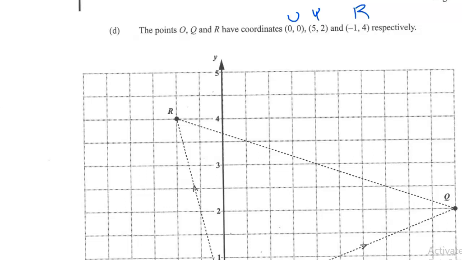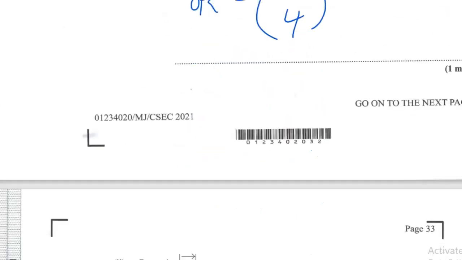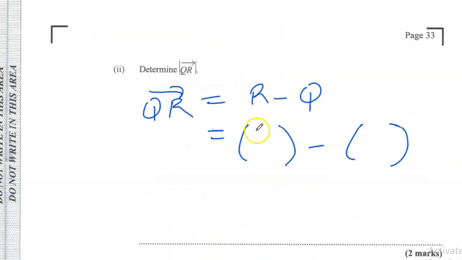So -1 minus 5 is -6, and 4 take away 2 is +2.